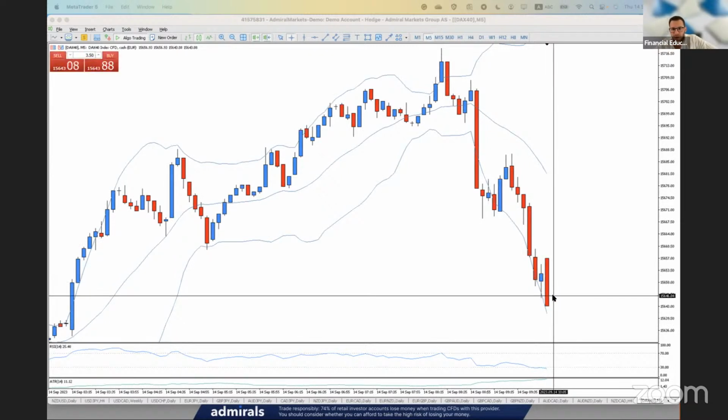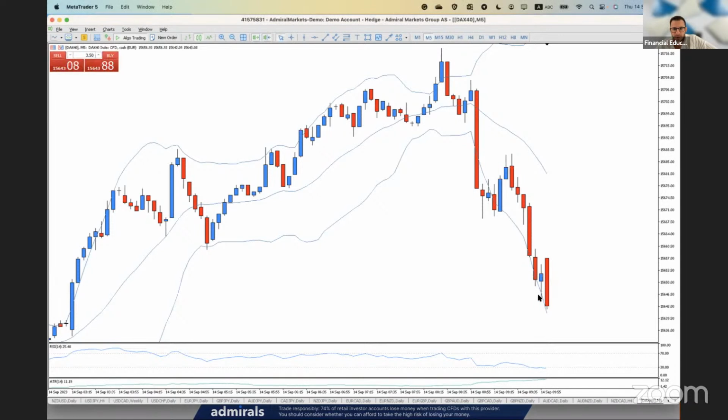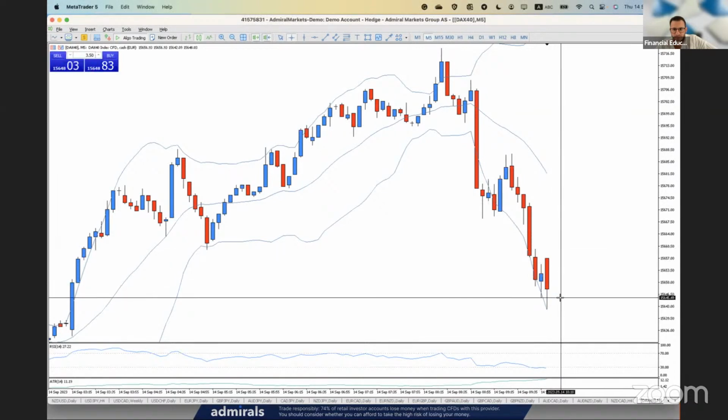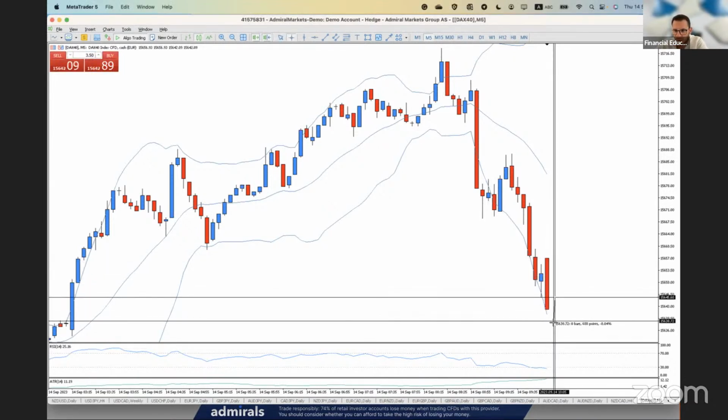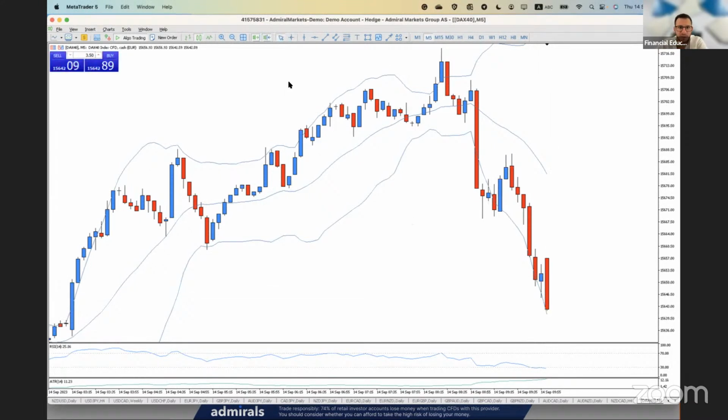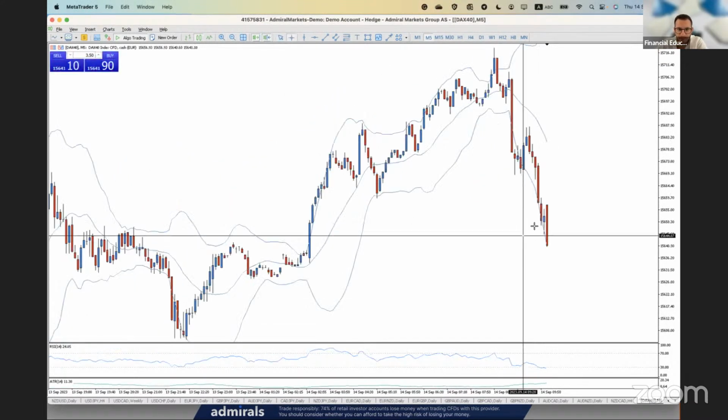I'm not rushing to sell this one, guys, to be honest. Although the market can move 10 points, absolutely it can move. Why not?